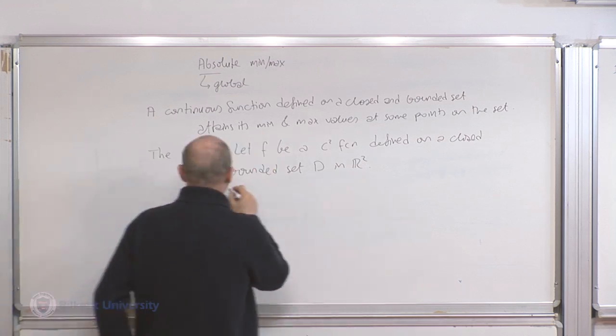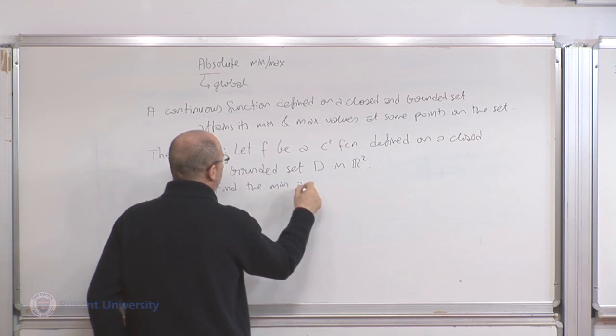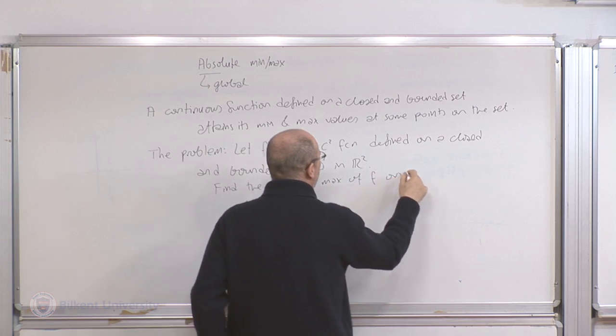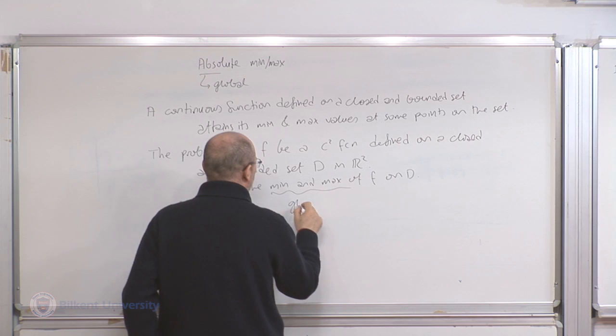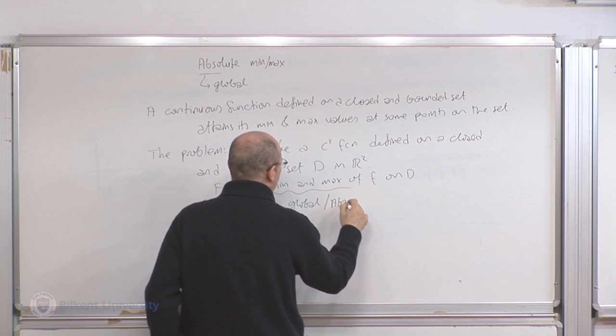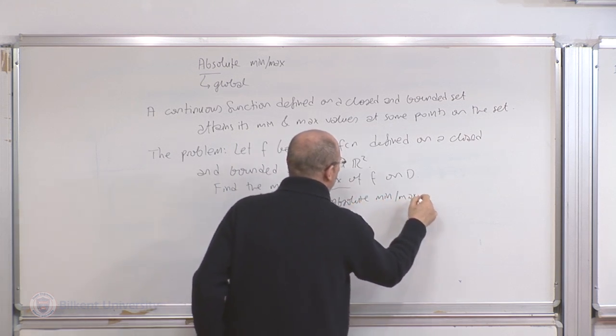So the question is: find the min and max of f on D. These are called global min or absolute min or max points. That's the terminology.